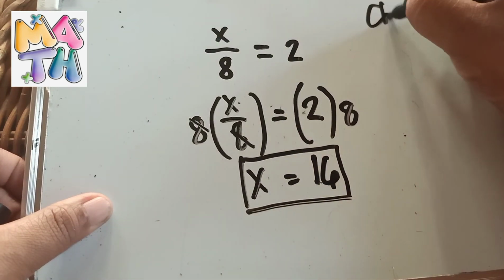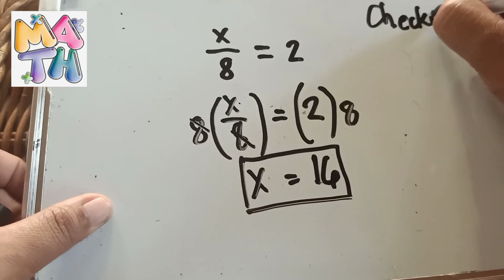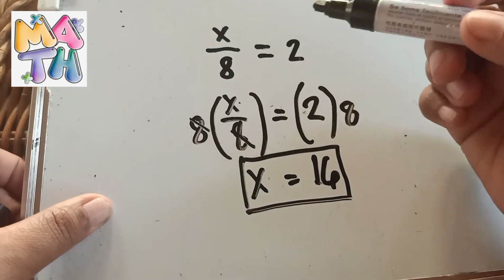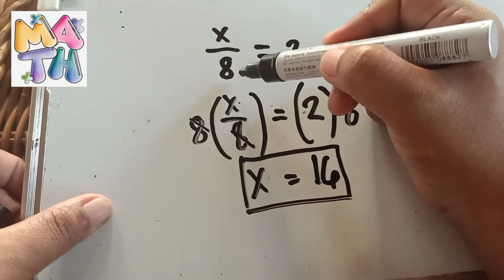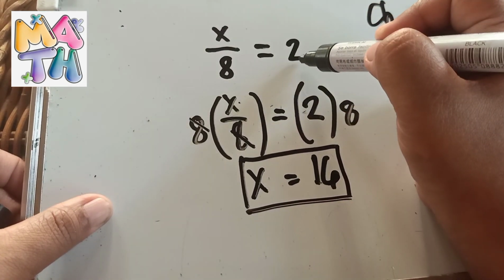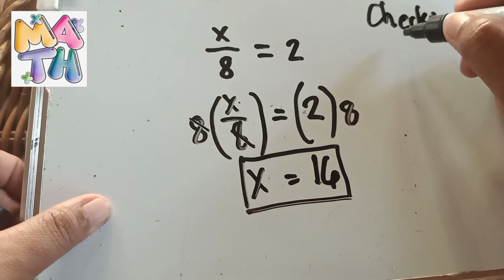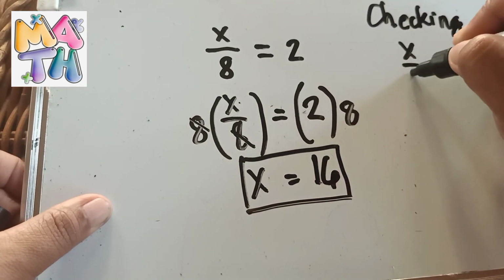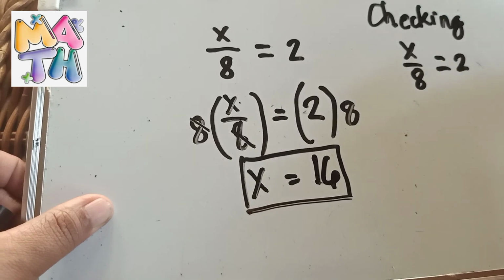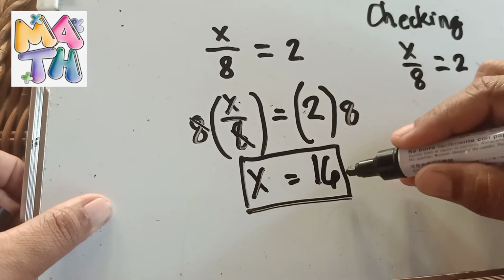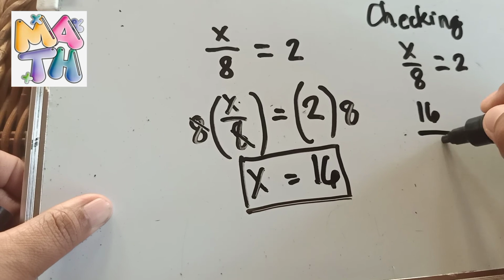So let us do the checking. Anyway, you can check it mentally: 16 divided by 8 is equal to 2. But if we are going to show it, x over 8 equals 2, which is the original equation, then the value of x here is 16 over 8.